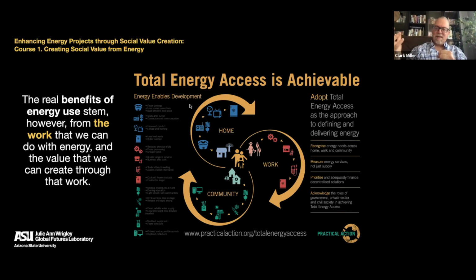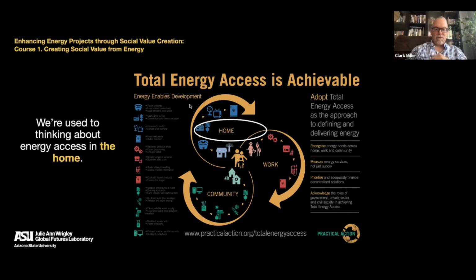We start instead from the question of what work do we need to do that would be of value to the community? And then what devices or services would we need to be able to provide in order to do that work more impactfully in that community's lives, and therefore create that value that we're looking for.